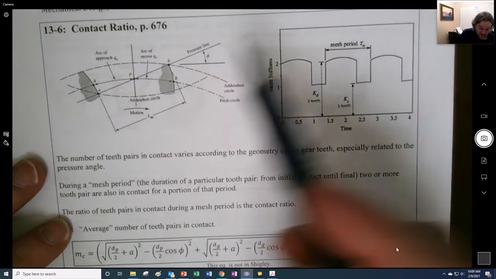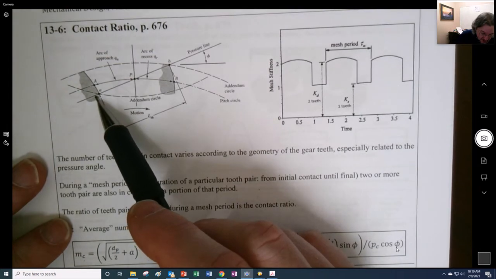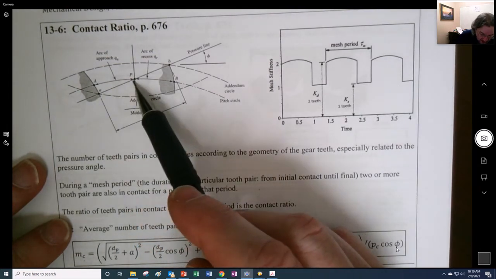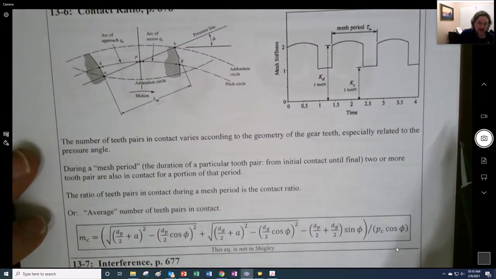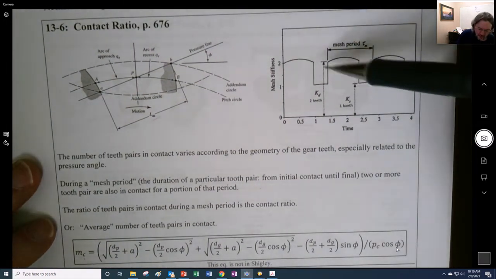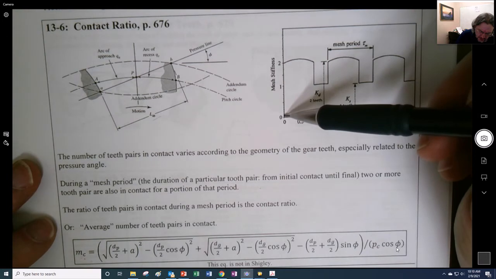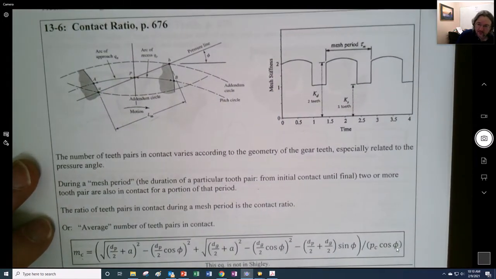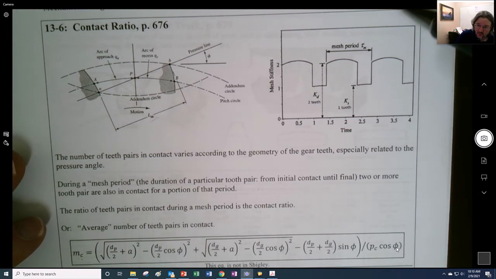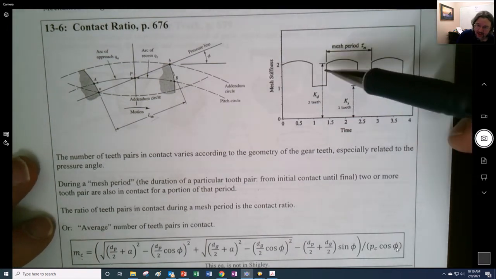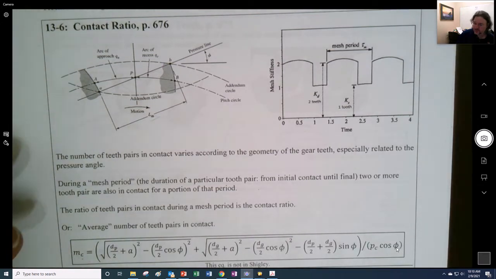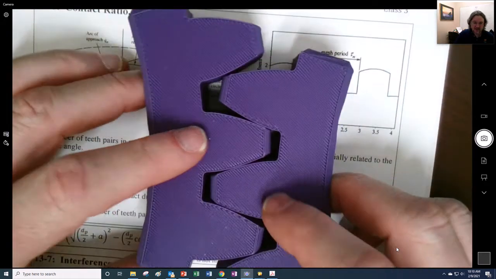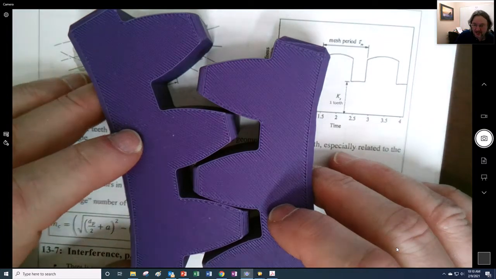And so as Shigley is describing it, they figure out the geometry of this length right here, and then they take a ratio to find it. In my research, what I used for modeling of gear vibration was this periodic change in stiffness that occurs because of the number of teeth engaged at any time, and that's what contact ratio is.